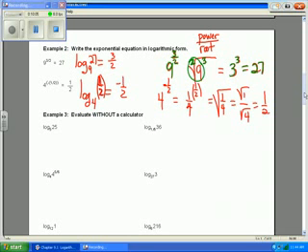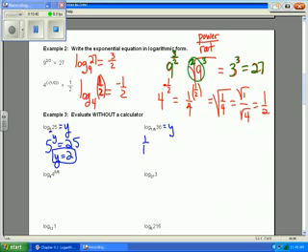Okay, so I want you to evaluate these next ones without a calculator using your understanding of a log. And so since this equation would be log base 5 of 25 equals y, then I would be saying 5 to what power equals 25? Well, you can see that 5 squared is 25. So that exponent that I solved for is 2.